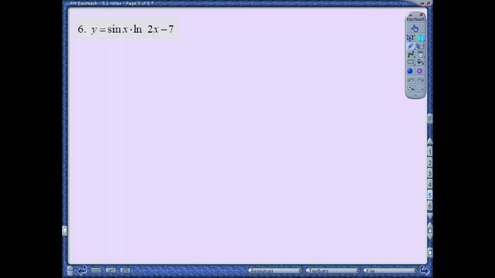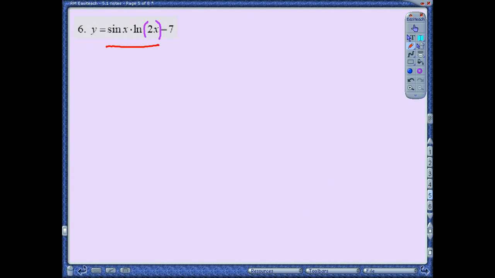Now on problem 6, make sure you realize that how it is written, the parentheses would actually be right here. So that means that -7 is not inside that log. So we do have a product rule. This is a product rule on the outside, so that means we do not, got a little excited there with my underlining, there you go.